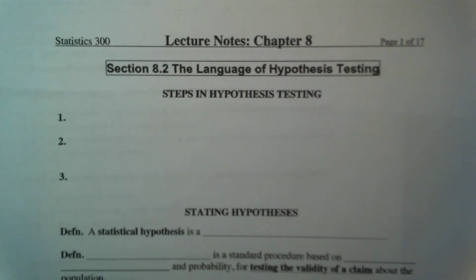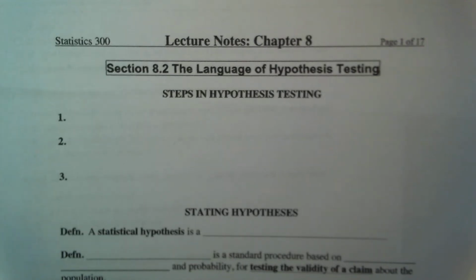Chapter 8 is about hypothesis testing. It is part of inferential statistics, and in Chapter 7 we estimated a population parameter with a confidence interval. In Chapter 8 we will test a hypothesis or a claim about a population parameter.